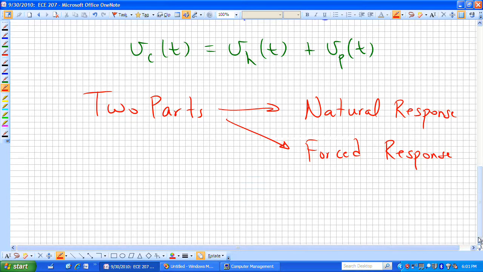If we're thinking about the natural response, I tried to indicate or talk a little bit about that before, but now, in terms of the natural response, how long did that last in time?